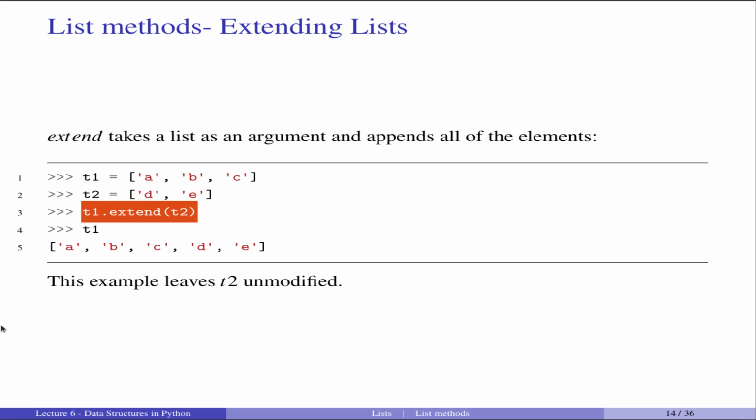So t1 becomes a, b, c, d, e. Notice that I did not change t2, that means t2 will remain the same, which is d, e. But t1 will have the new value a, b, c, d, e.